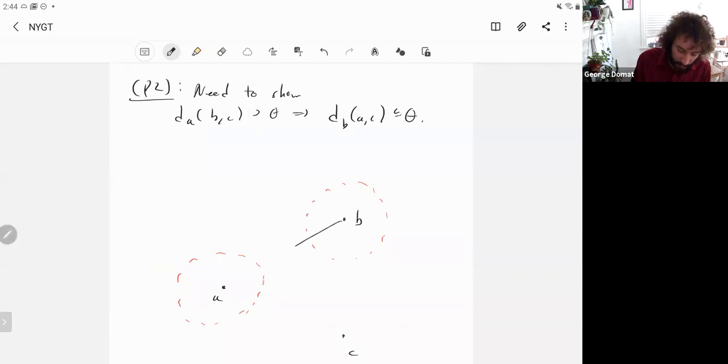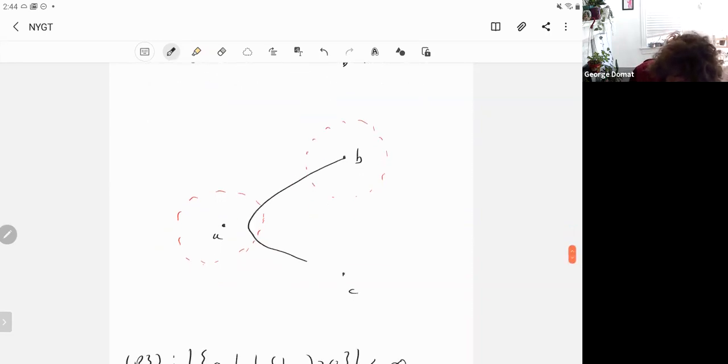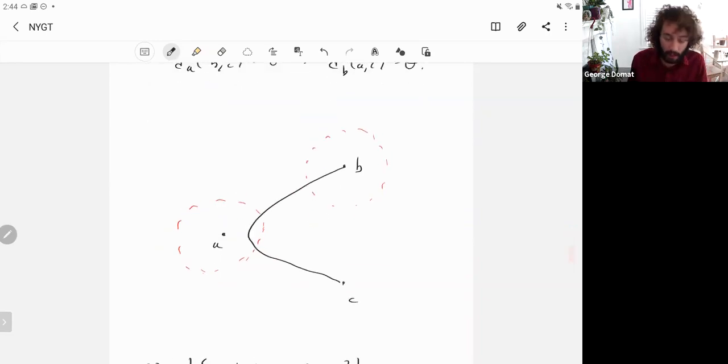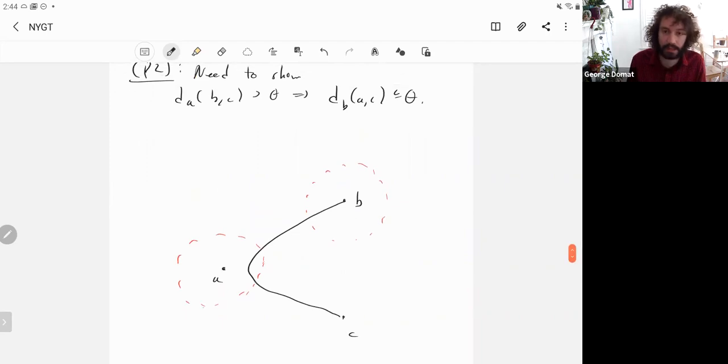It means that a geodesic between B and C goes through this ball. And what does it mean for the distance at B between A and C to be small? We want to show that a geodesic between A and C doesn't hit the ball about B.